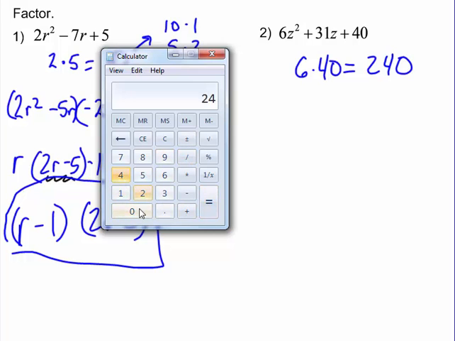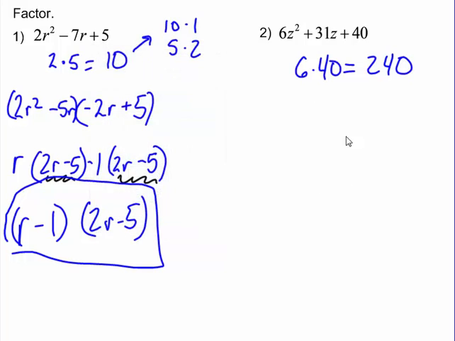Yeah, 240 divided by 14. 240 divided by 15. 15 and 16, there it is. Okay, so I'm just going through each factor, and I'm just trying to find the one that's going to best help us solve this problem. So it's 15 and 16.